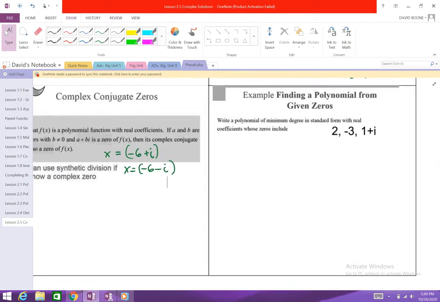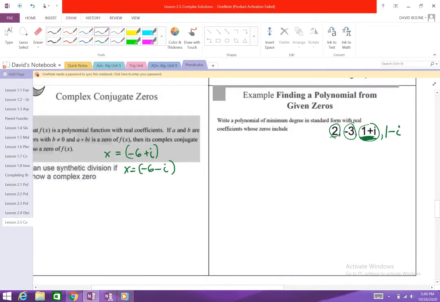Okay, so as I go over to a problem here, it says I want to write the polynomial. So in other words, what I've got here are some zeros. I've got this one, and this one. And what it's saying is if I have one complex number as a solution, I will also have its conjugate as a solution. So I should also have, if I have this complex solution, I will always have its conjugate as another solution as well.